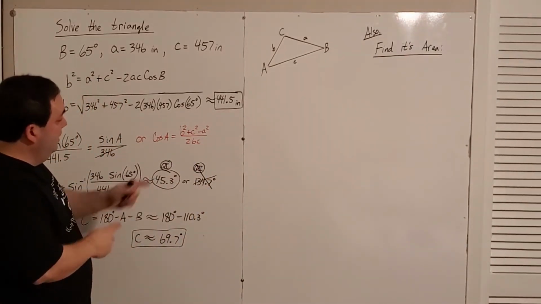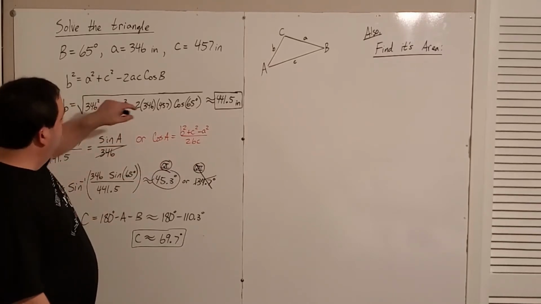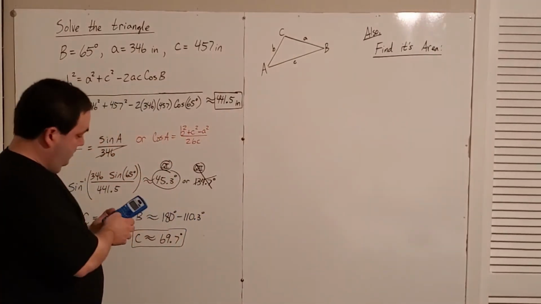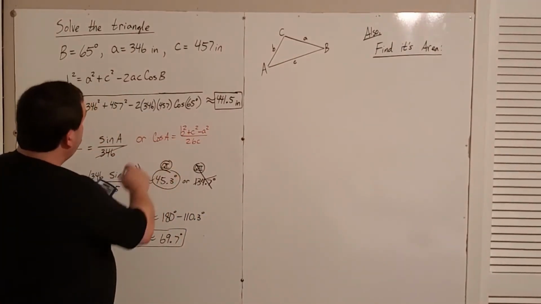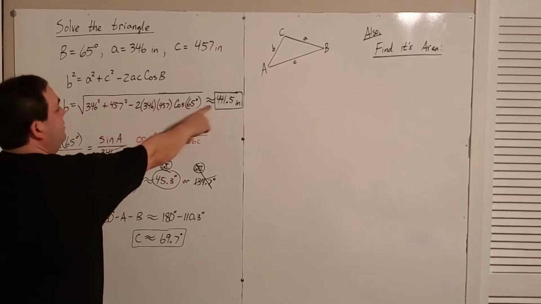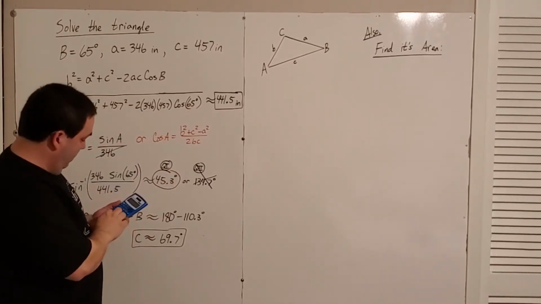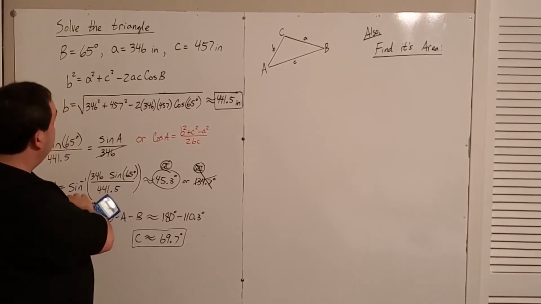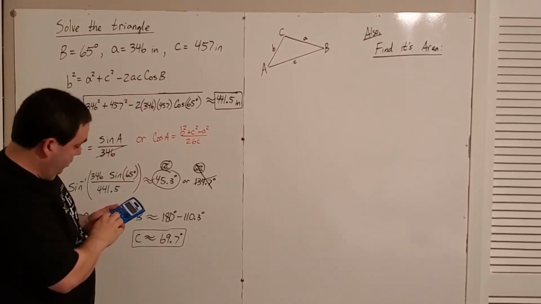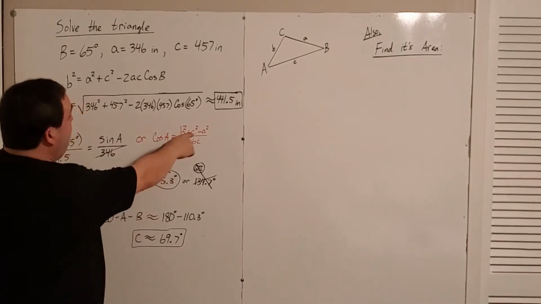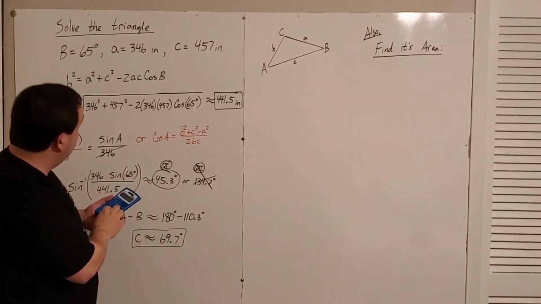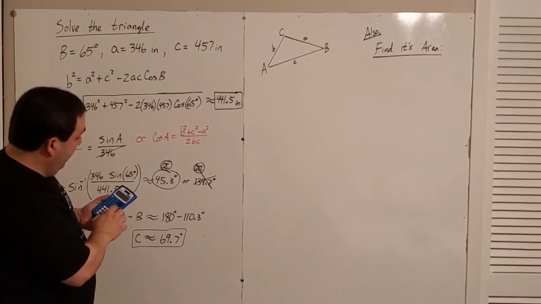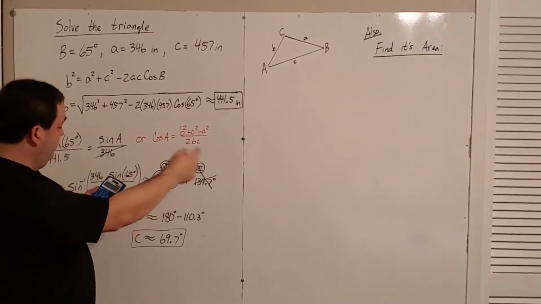Okay? So if I punch up those sides, right, push them in, we have b squared, which we just found is 441.5 squared, plus c squared, right, 457 squared, minus a squared, so 346 squared. And then I'm going to divide that by 2 times b times c.